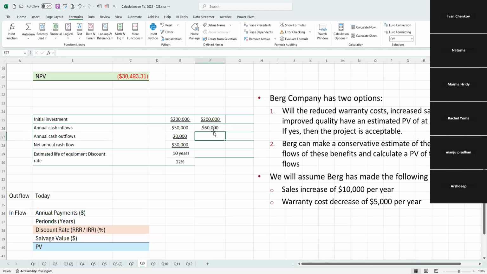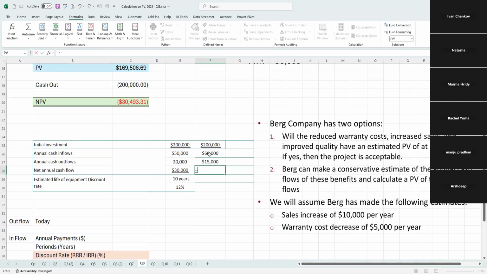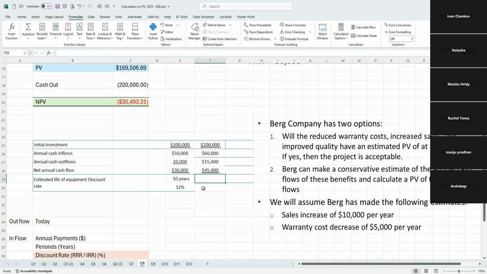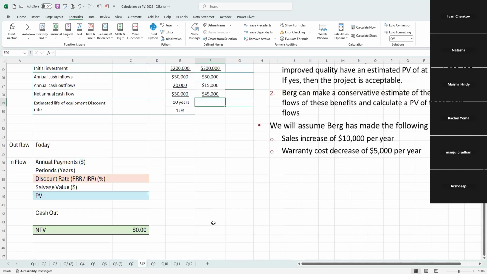Used to be 20, now we're going to decrease it with 5. That's correct. So it's going to be only 15, right? So here we're going to get 60 minus 15. We're going to get 45. So that means our annual payment is going to increase with $15,000.